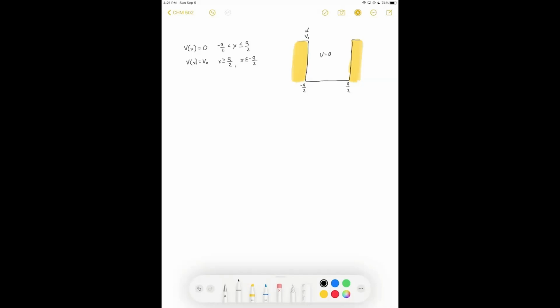So here V equals 0, and outside V equals V naught. Now, you'll notice that we have changed the variables on our box. It's still a box of length a, but now instead of going from 0 to a, we go from minus a over 2 to a over 2. Again, the reason we set up the boundaries this way is just to make the math as easy as possible for ourselves.